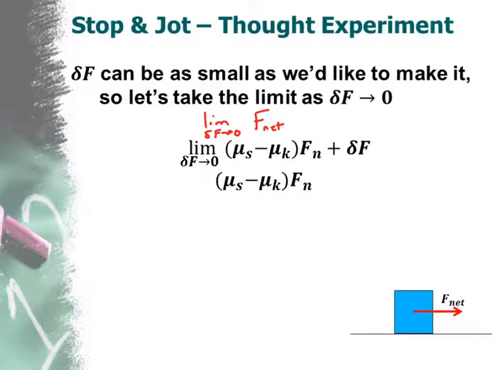Okay. So this limit as delta F goes to 0, so as this gets closer and closer to 0, F net gets closer and closer to this expression right here. Mu sub s minus mu sub k times our normal force, excuse me. Okay.